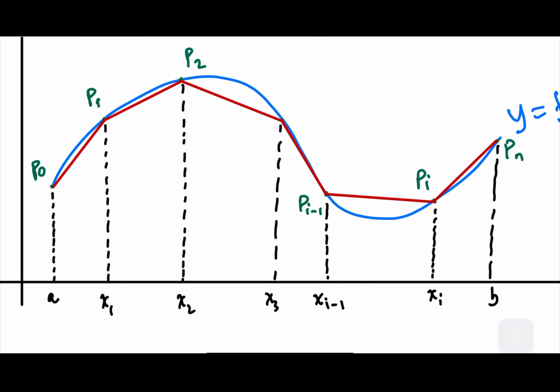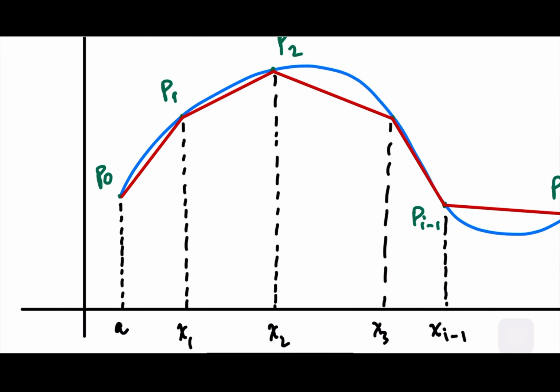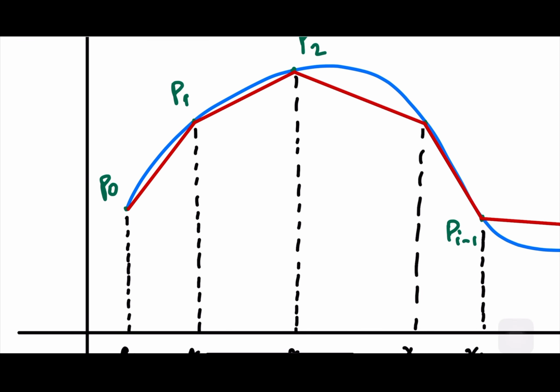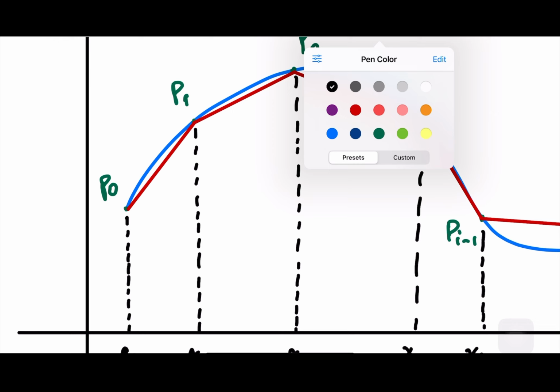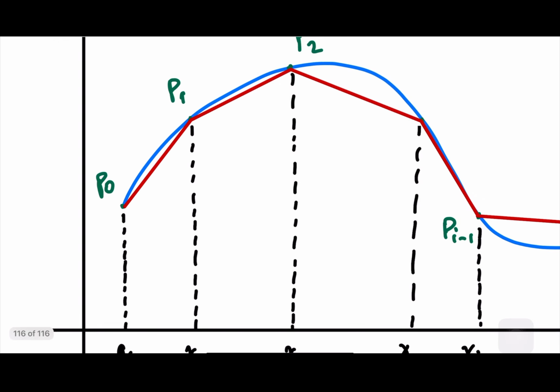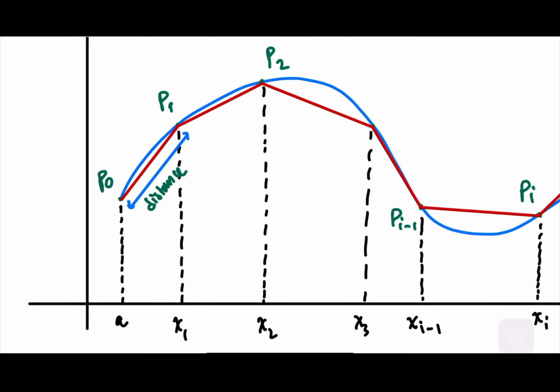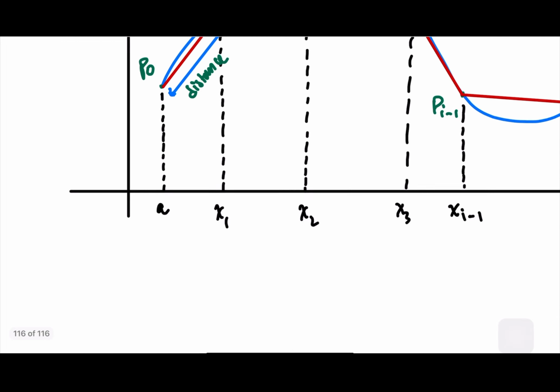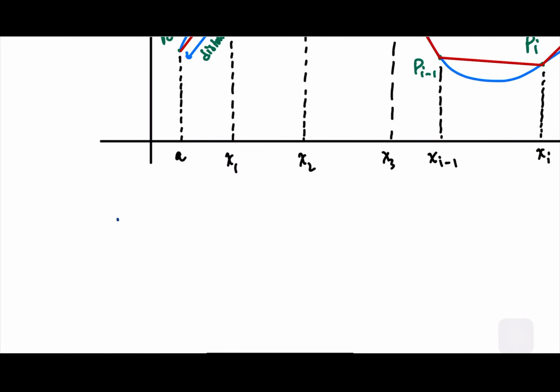So we take each distance, this distance, the distance between all the P. Then we can write the length of the curve.